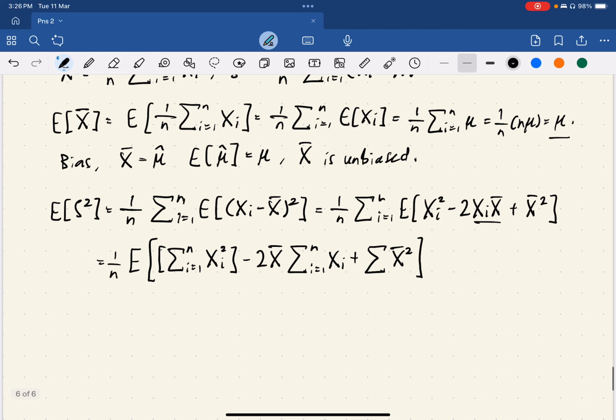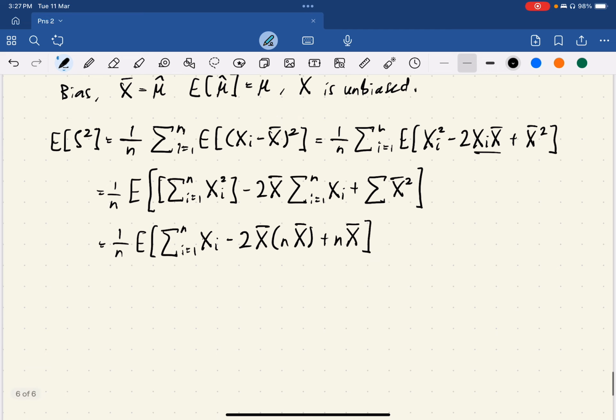Okay, that's correct. And we have 1/n expectation of the sum from 1 to n of xi, minus 2 x bar times x bar, because the sum of all the n variables in the sample of size n equals the sample mean multiplied by n, plus n x bar squared.